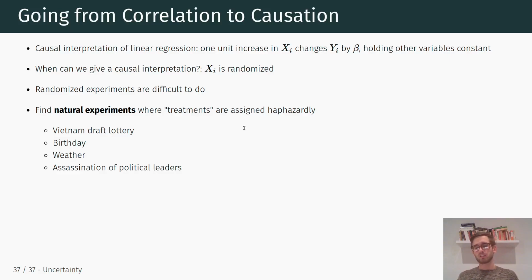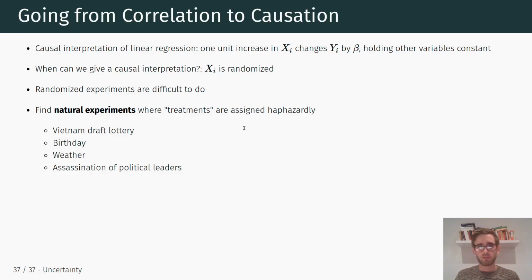One way to try to get closer to this causal interpretation is to find natural experiments, where you don't have control over the treatment assignment, but the treatments are assigned haphazardly, or at least independent of other potential confounding factors, right? We talked about the example of the Vietnam draft lottery.